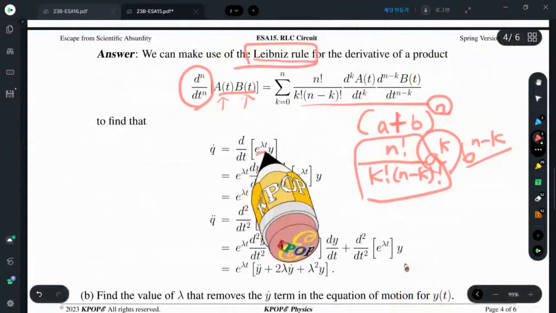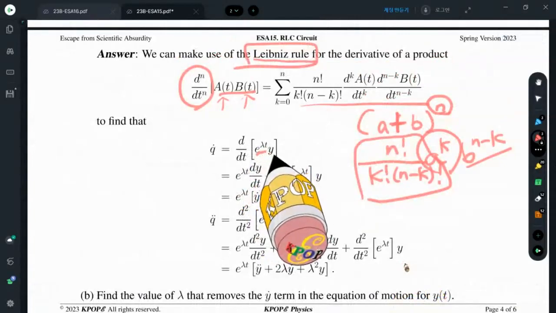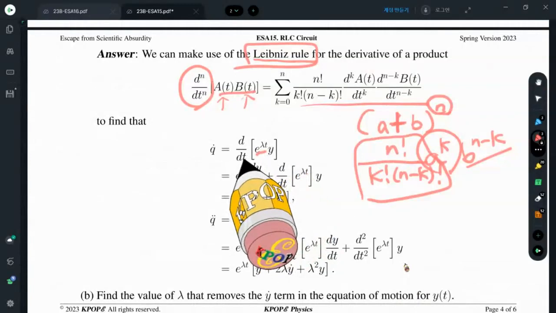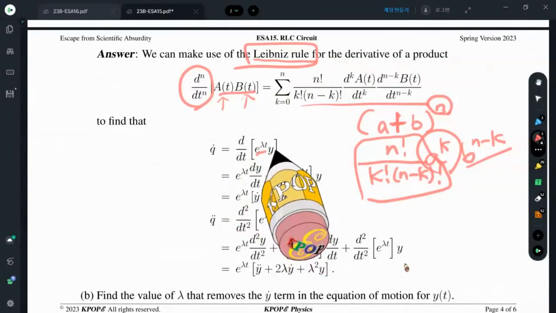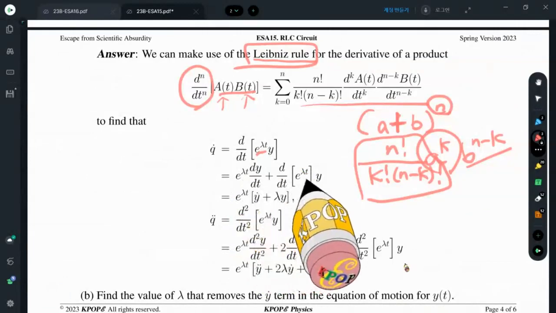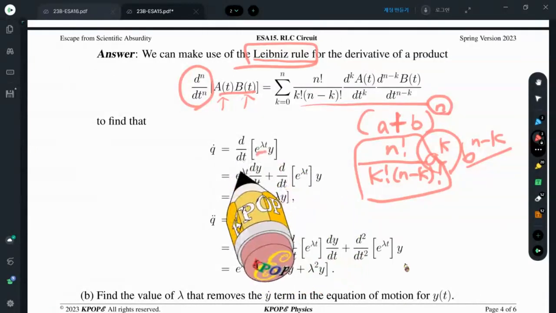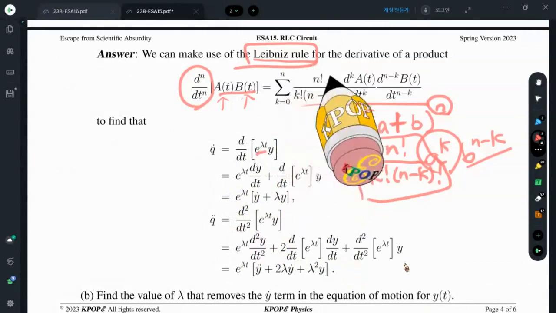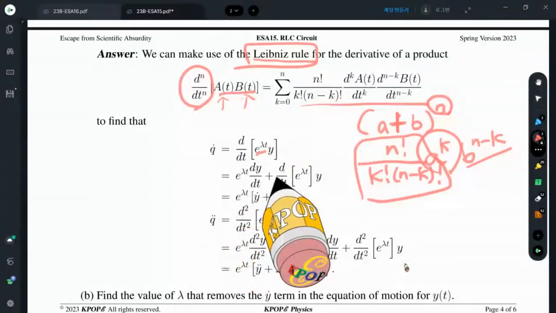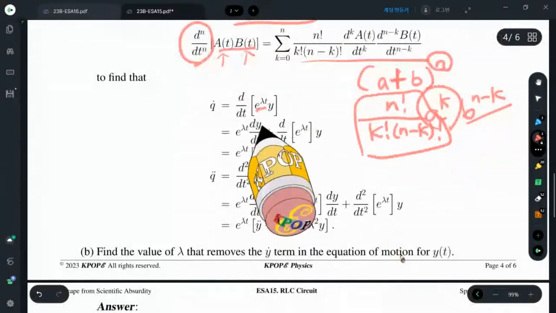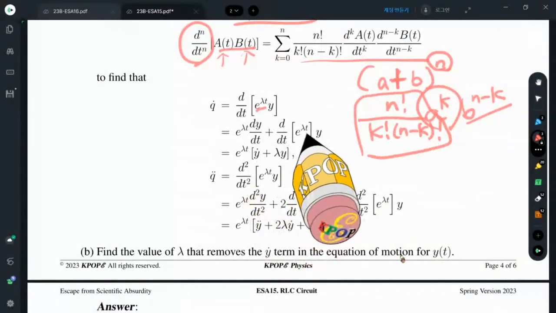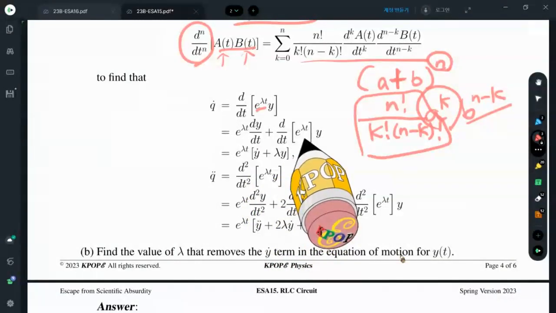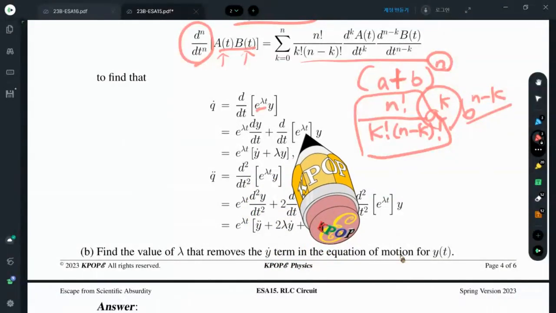So first of all, exponential lambda t multiplied by y, I take the derivative, then the exponential's derivative and y's derivative. So one by one. The single derivative does not have a multiplicity factor. It is just a single. And I replace this time derivative with y dot, and the exponential function gives a parameter lambda only and is still alive after the derivative.